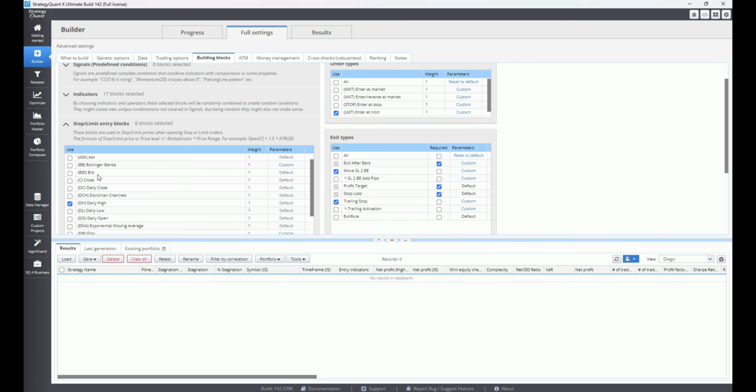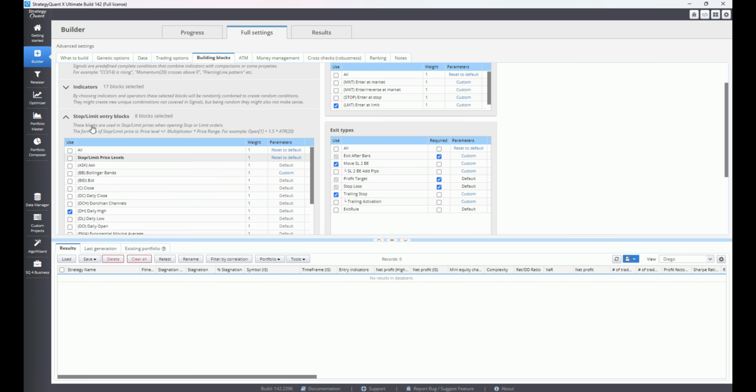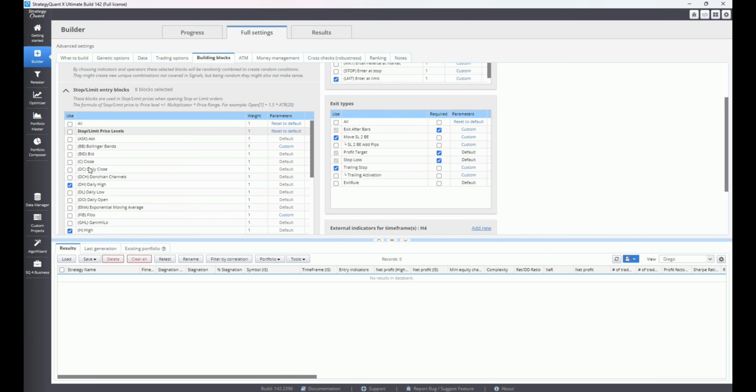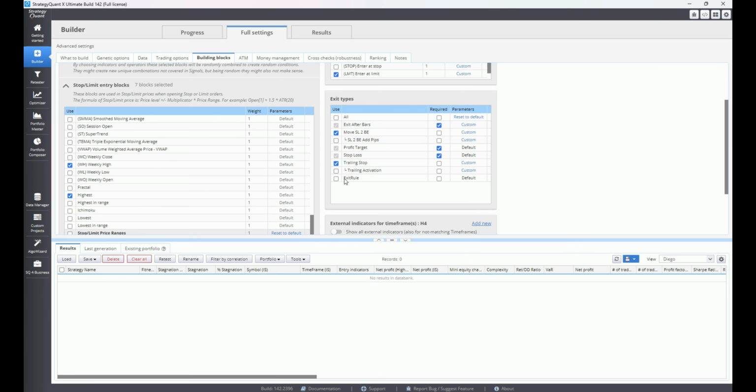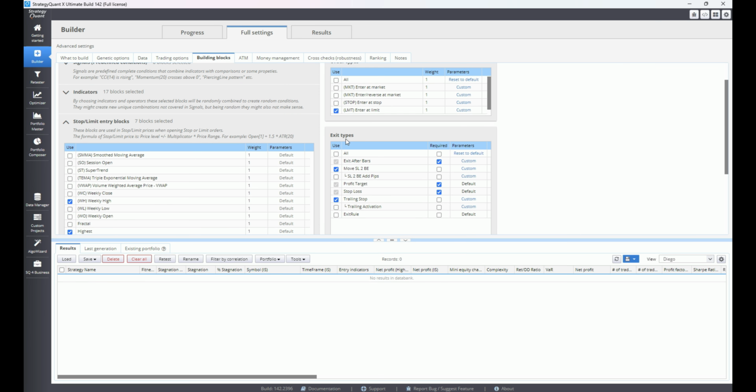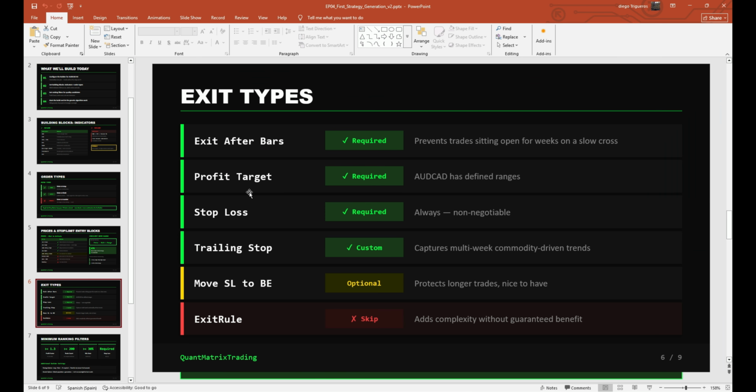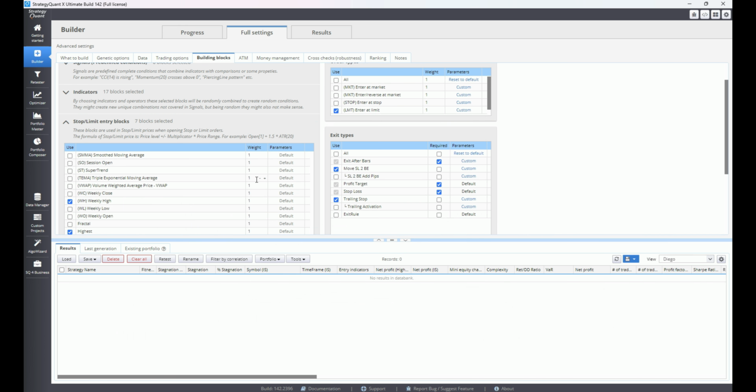In stop limit and entry prices, I like to choose daily highs, right, and average true range. I don't like using exit rule. I like choosing exit bars as required, profit target as required, and stop loss, trailing stop, and break even as not mandatory, not required.